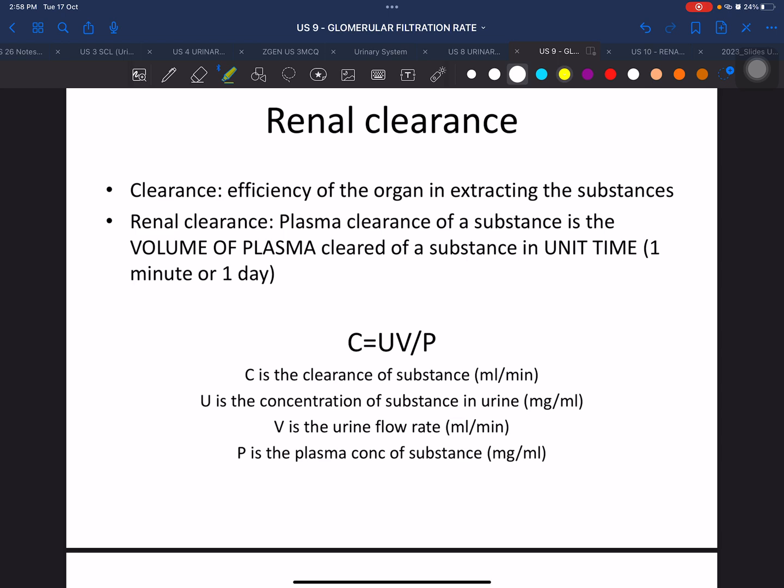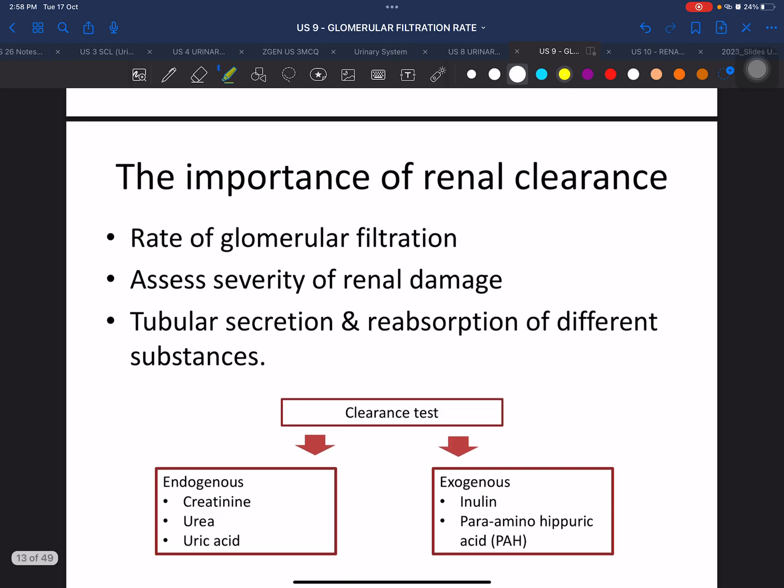So why do we need to know about renal clearance? Because renal clearance can give the rate of glomerular filtration. Filtration occurs at the glomerulus, the filter. You cannot poke inside the nephrons to the glomerulus to measure the glomerular filtration rate, so you need to calculate it through renal clearance.